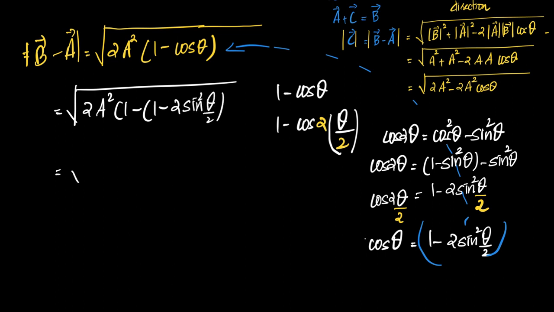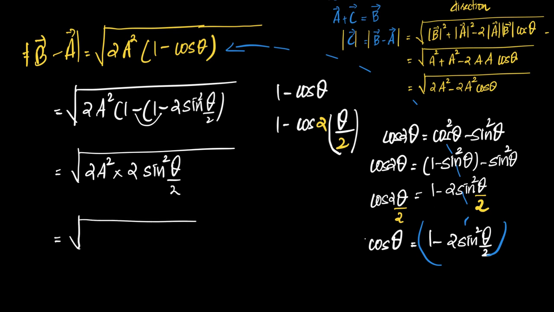So this is further equal to root of 2A square into 1 minus 1 is 0, minus into minus is plus, so this becomes plus 2 sin square theta by 2. So this is equal to root of 4A square sin square theta by 2, which is further equal to 2 into A into sin theta by 2.